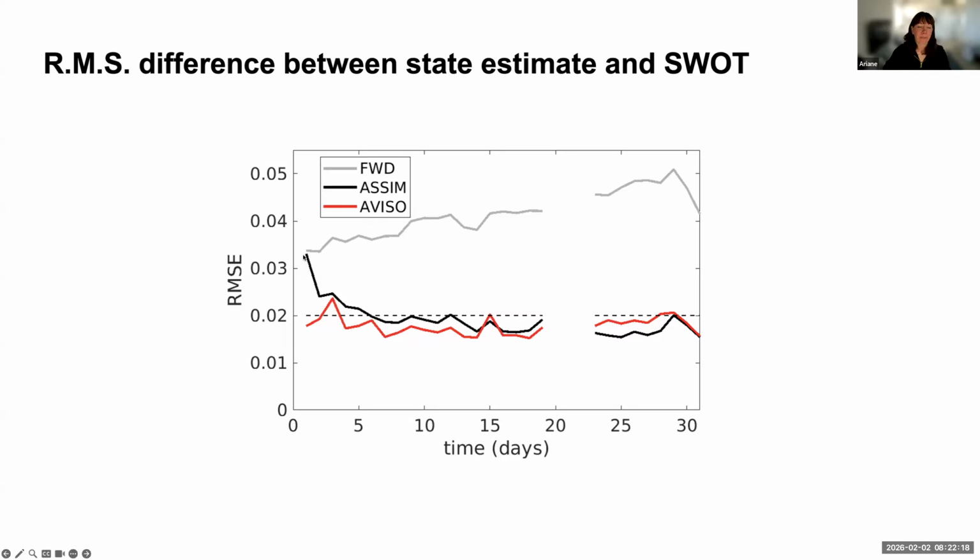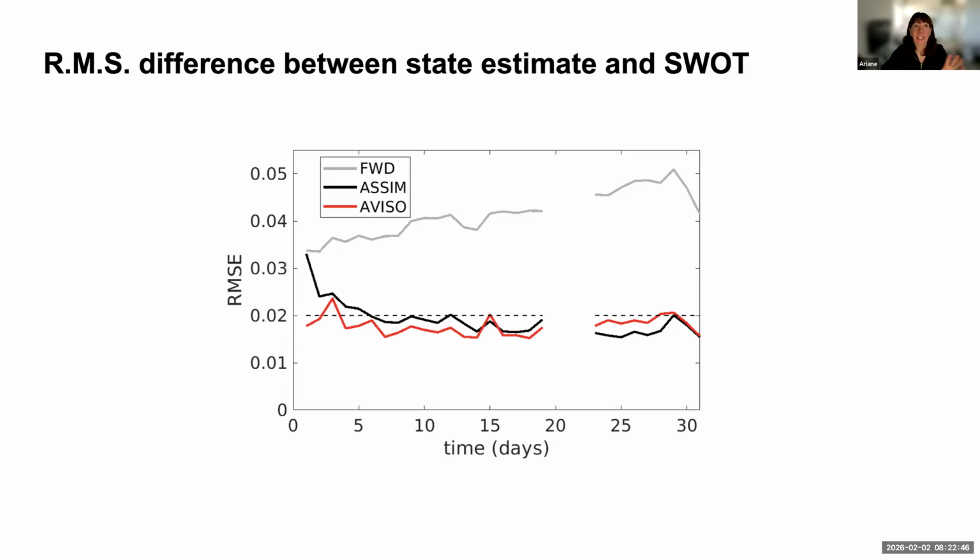Now, I don't know if it's an issue, but there's this kind of anomaly at the beginning where we are not fitting the data as well. And I'll come back to this in a little bit. The Aviso product, if I also compare Aviso along SWOT with the SWOT observations, the fit is approximately the same as ours.